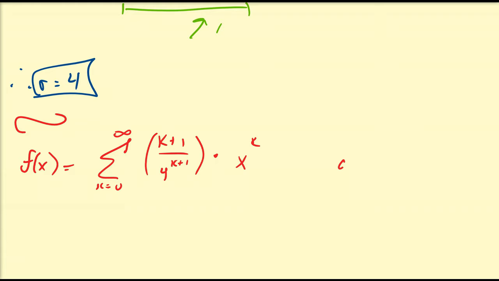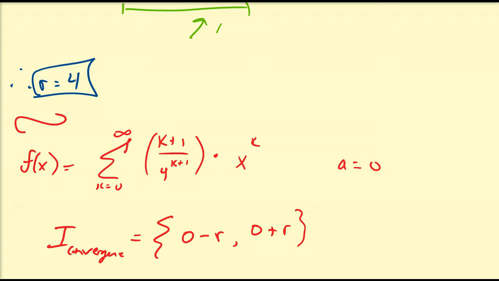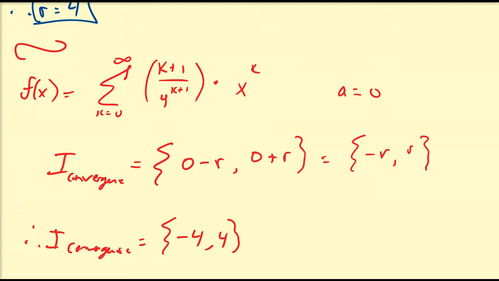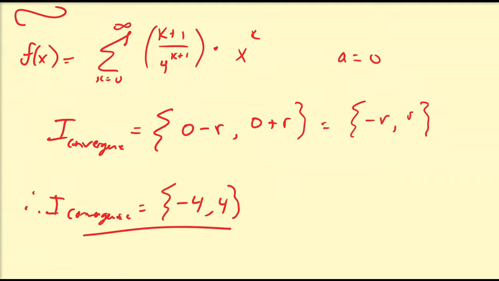It's centered around 0, so my interval of convergence is going to be of the form 0 minus r and 0 plus r, or simply minus r to plus r. Now I need to test my boundary points, which in this case are minus 4 and plus 4, and see if it converges at the endpoints.